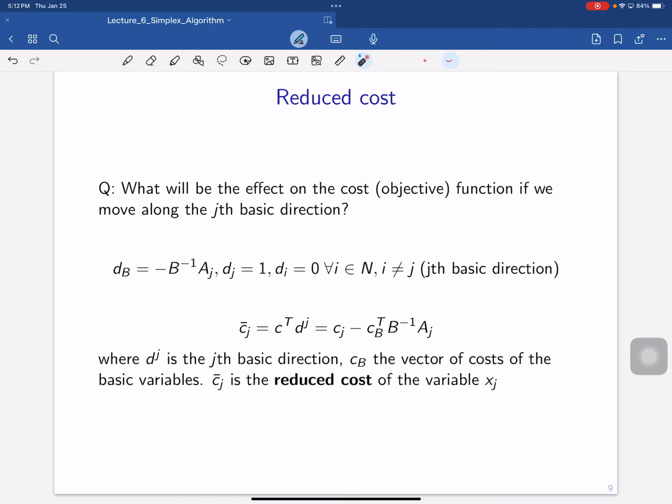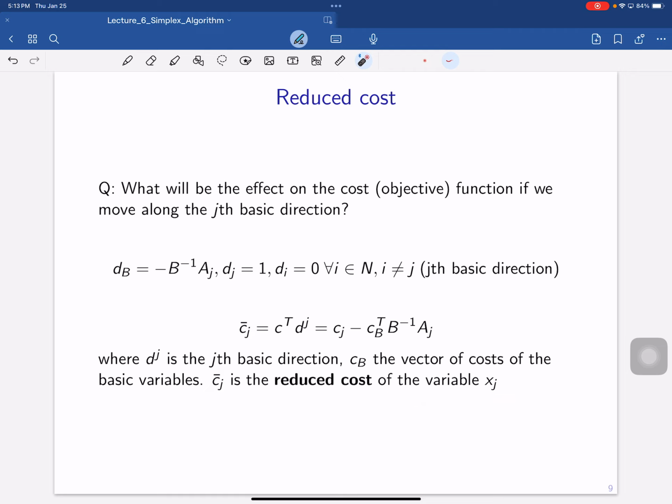And you can calculate that very directly just by taking c transpose d^j, where d^j is the jth basic direction. You can calculate, if you move along that jth direction, how much the objective will change. This is called the reduced cost of the jth basic direction, or of the variable x_j.